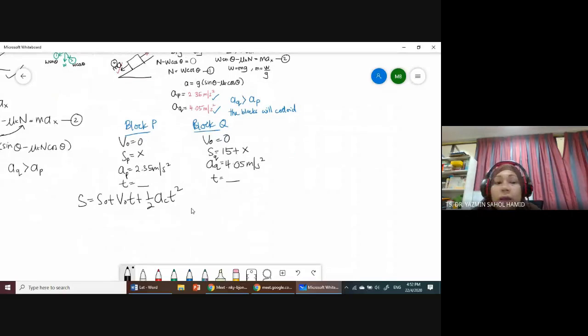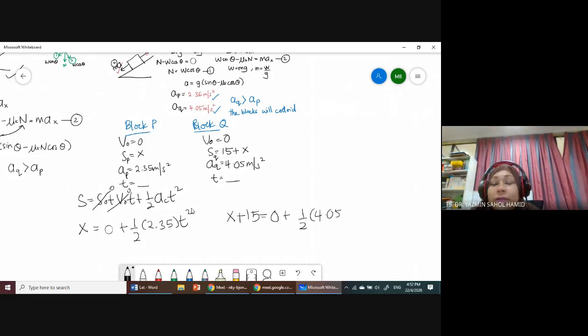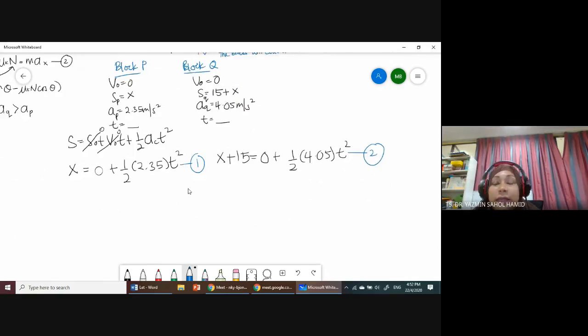For block P, our S will be X. This one will be 0, so we are left with 1 over 2, our acceleration is 2.35, times T squared. For block Q, it will be X plus 15 equals 0 plus 1 over 2 times 4.05 T squared. Now you have these two equations. What can you do? You can solve them simultaneously and find the answer.